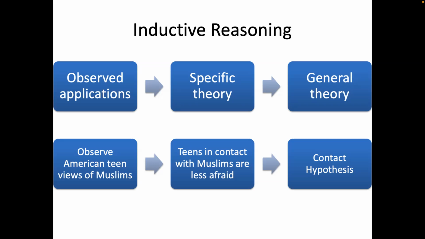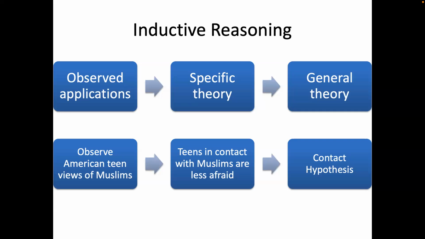So that suggests at least a specific theory, a smaller localized theory around just American teens, that teens in contact with Muslims are less afraid. You get to know somebody and they're not scary. They like food just like you, and they have to take showers every once in a while just like you, and they put their pants on one leg at a time. Celebrities, they're just like us.